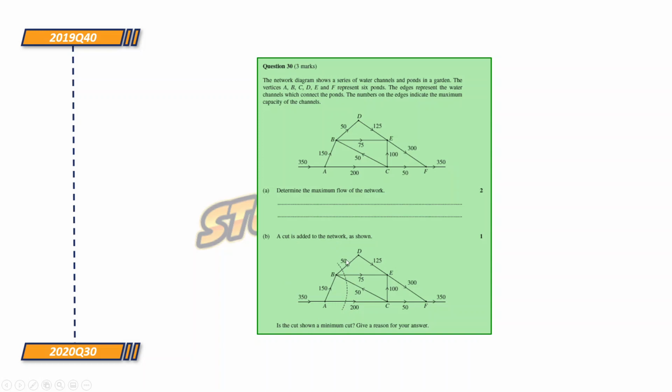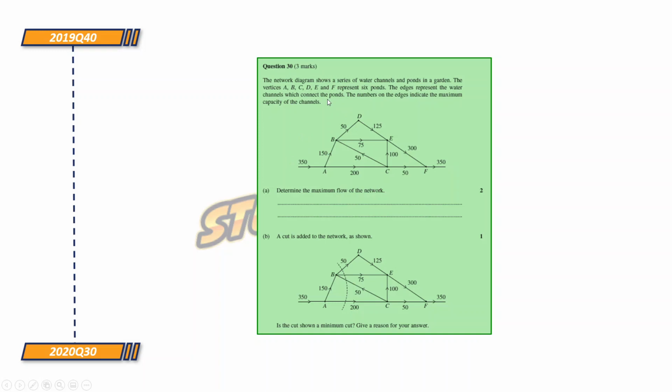And the basic skill behind that again remains that if you know how to determine the flow that goes through each of these paths, then you can tell whether it's a minimum cut or not. So either way, you have to draw the cut yourself to determine that. And this again can only be determined once you know how the flow works. Only then can you determine the maximum flow of the network.